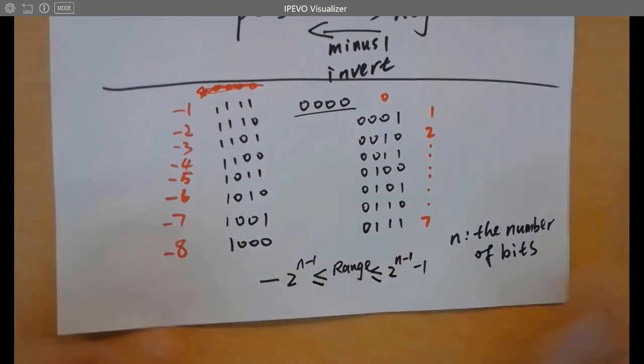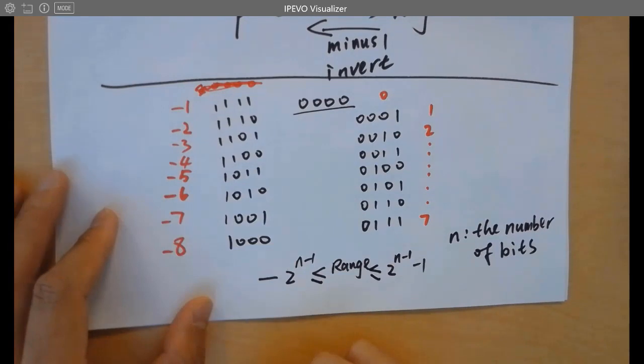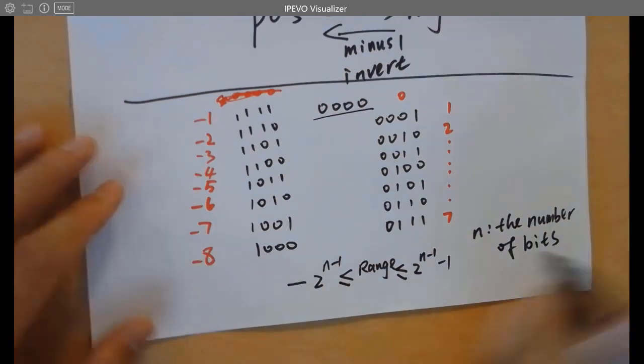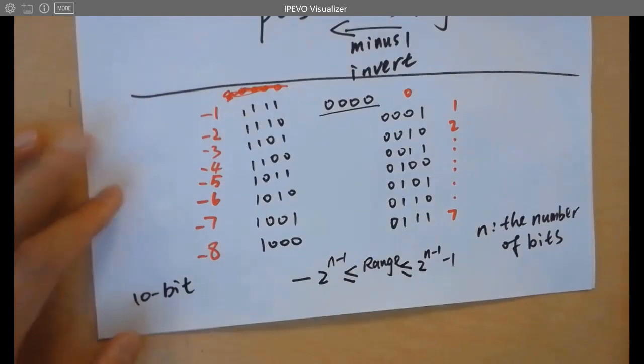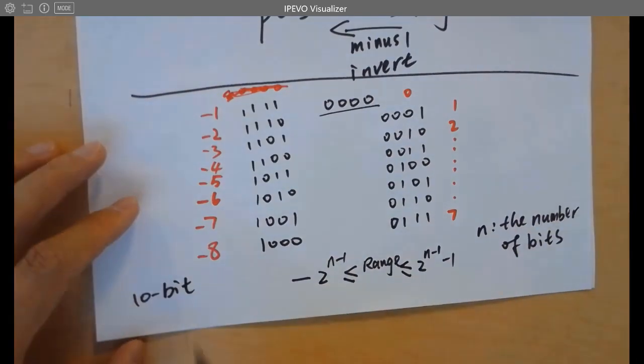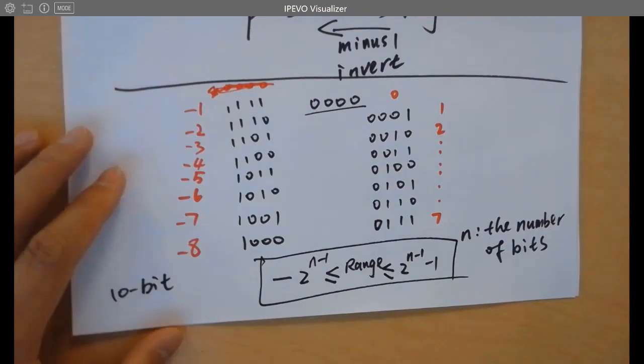Right? So it's smaller than or equal to 7, but bigger than or equal to minus 8. So you'll know that if we have a 10-bit binary number in 2's complement, what's the range? You can use this conclusion for that, right?